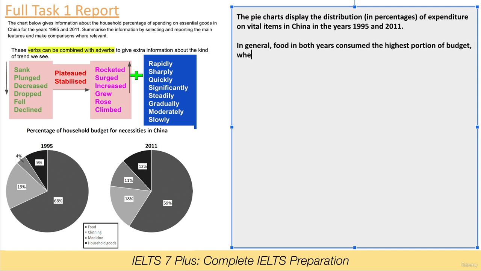And we could say, maybe we could do an alternative, whereas medicine represented the least.